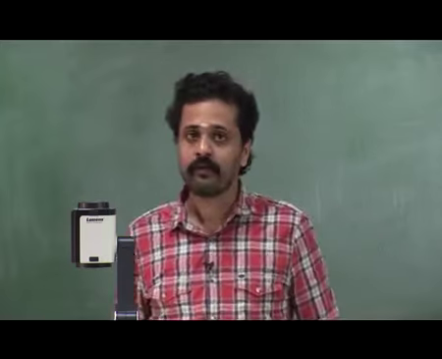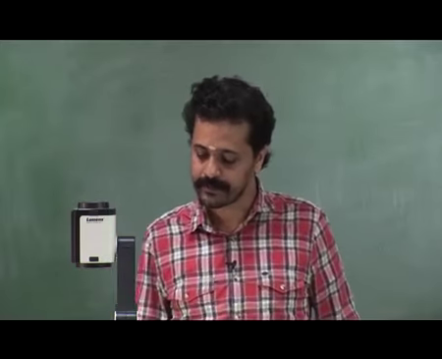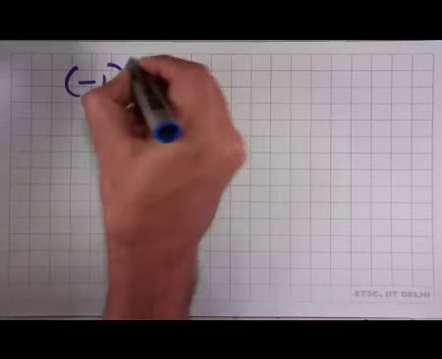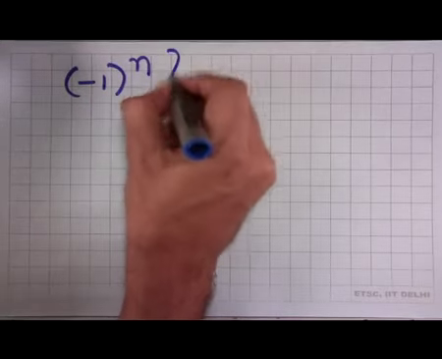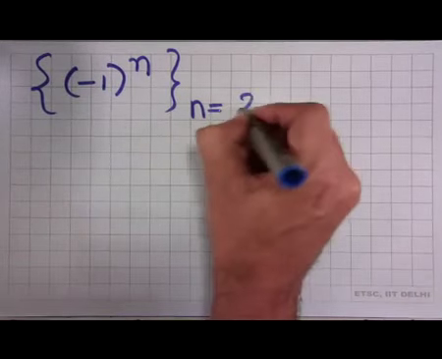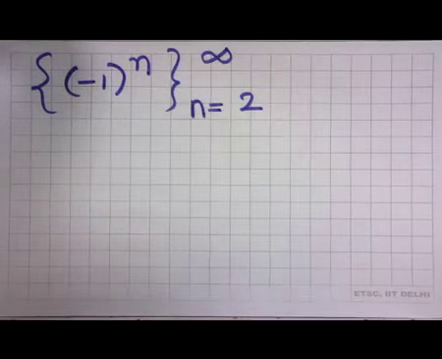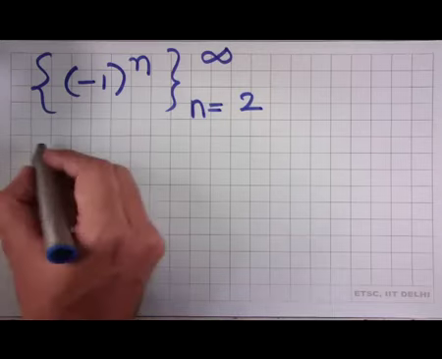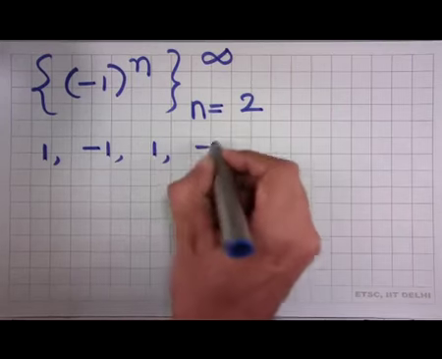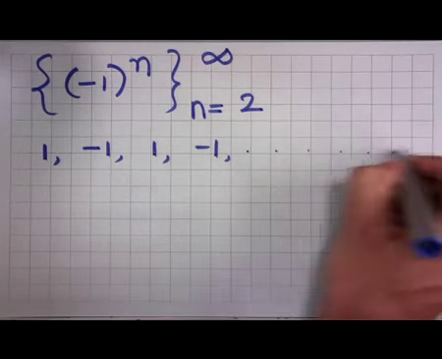Whereas for some other sequences like, say, minus 1 power n, n is equal to 2 to infinity. Let us say, to be explicit, 1, minus 1, 1, minus 1 and so on.